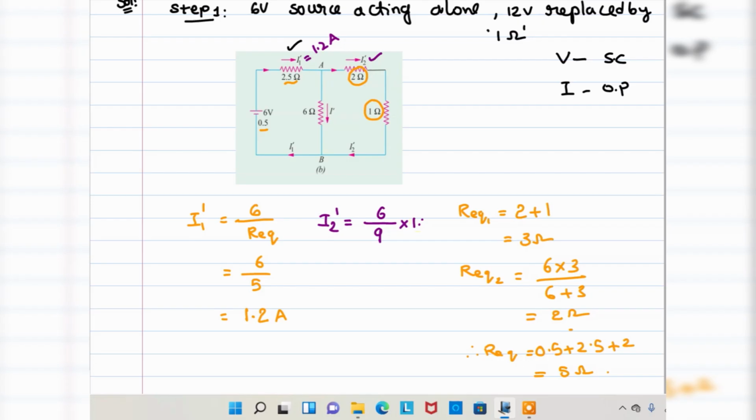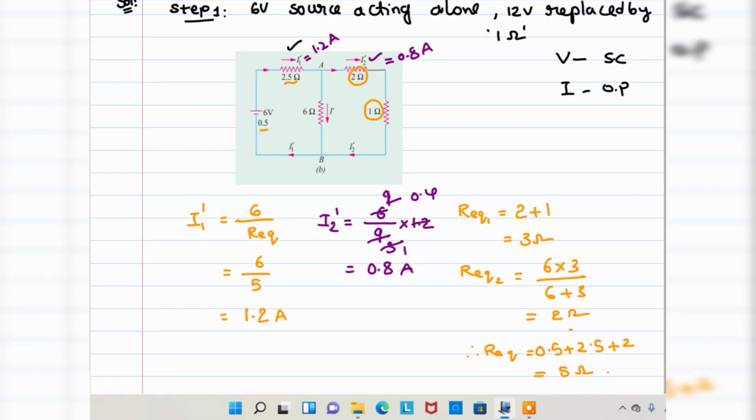What is the total current? 1.2. This is 1 time, this is 2 times, sorry, 3. So it is 2 times 0.4, which is equal to 0.8 amperes. Is it okay? So I got this current value equal to 0.8 amperes.